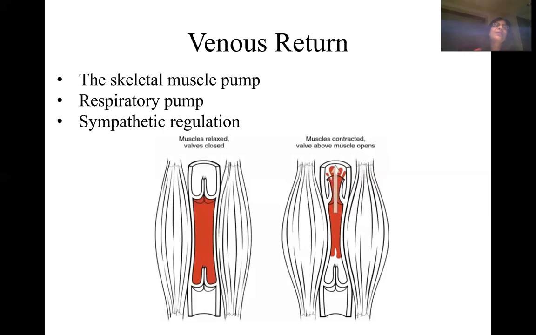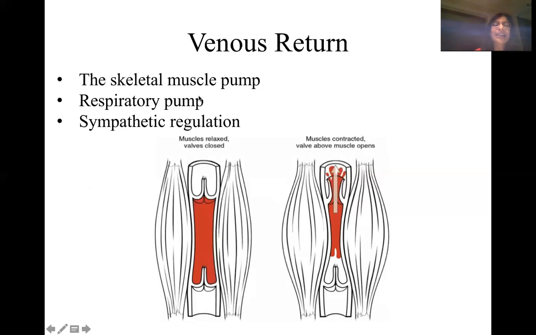Now, when you think about veins in the body parts below the heart, that's where situation can be difficult to return blood back to the heart from these veins. We have some helpers.